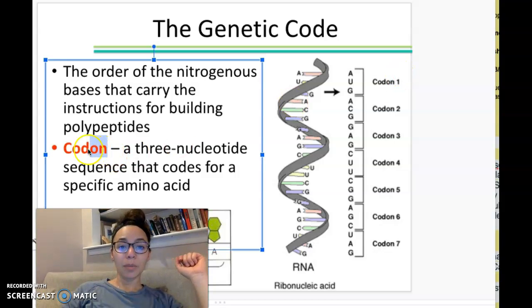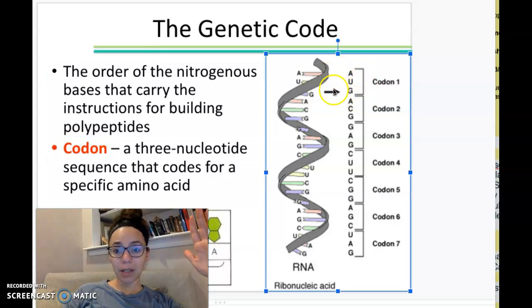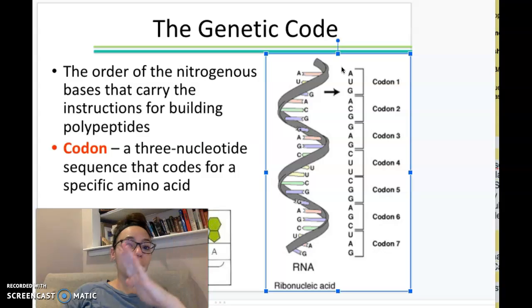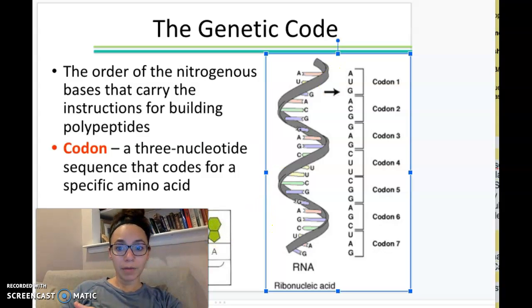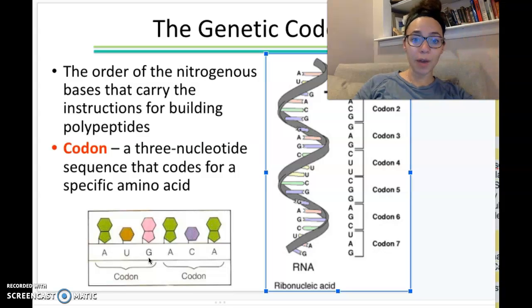There's something called a codon, which is a 3-nucleotide sequence that codes for a specific amino acid. There's 20 different amino acids. Each codon, so each set of 3 bases, seen here, codes for a different amino acid. Okay, let me move myself over here somewhere. So AUG codes for a different amino acid than ACG.